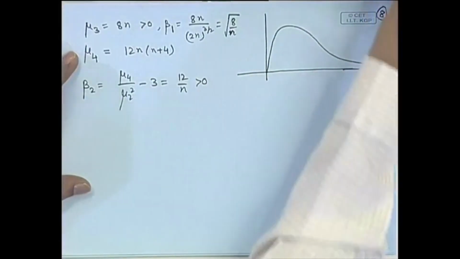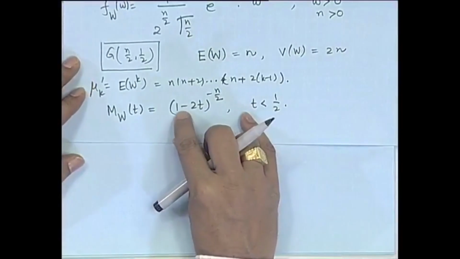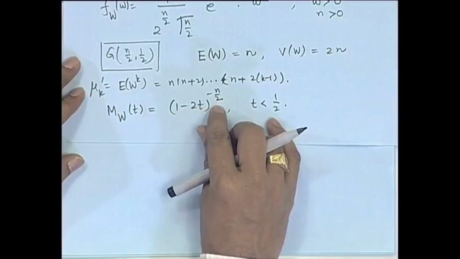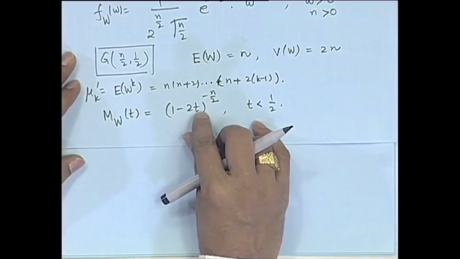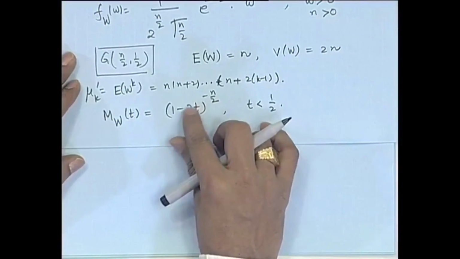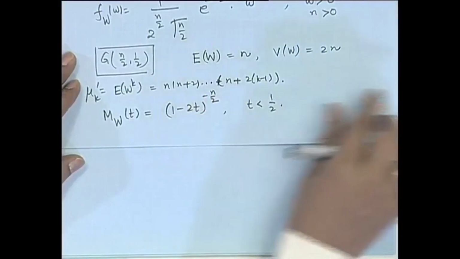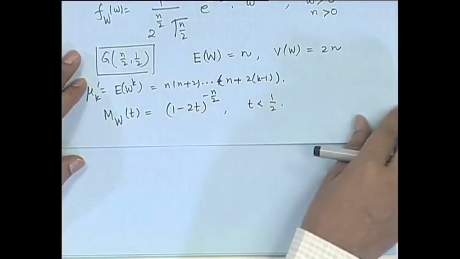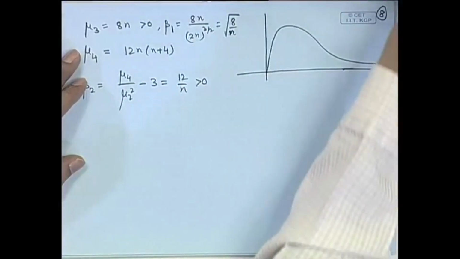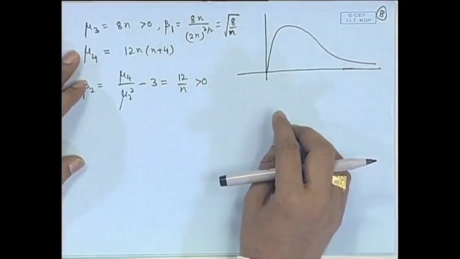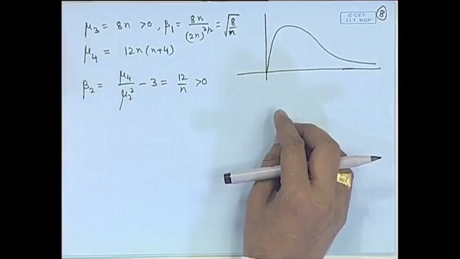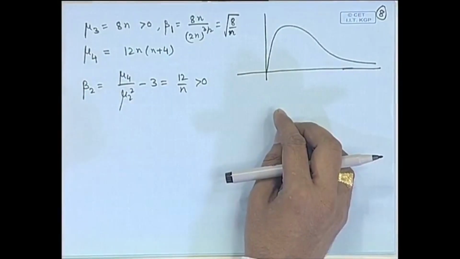That fact we can see from here also, because it is 1 minus 2t to the power minus n by 2. Here, if I take the limit as n tends to infinity, after certain adjustment we can show that this will tend to the moment generating function of a normal variable. We will come to that later after the representation of chi-square is known.